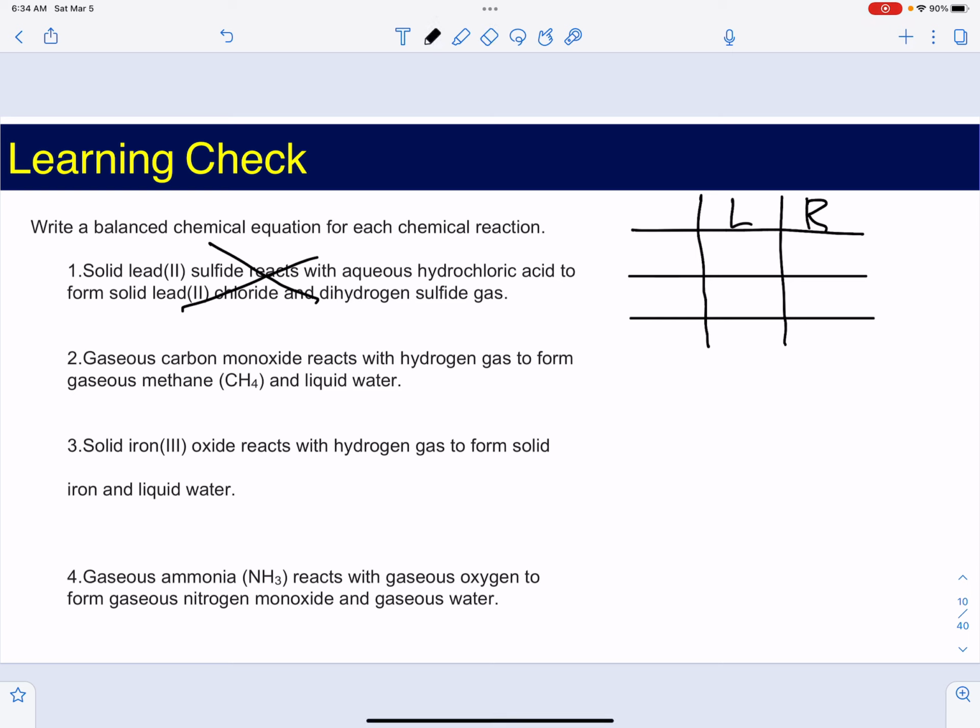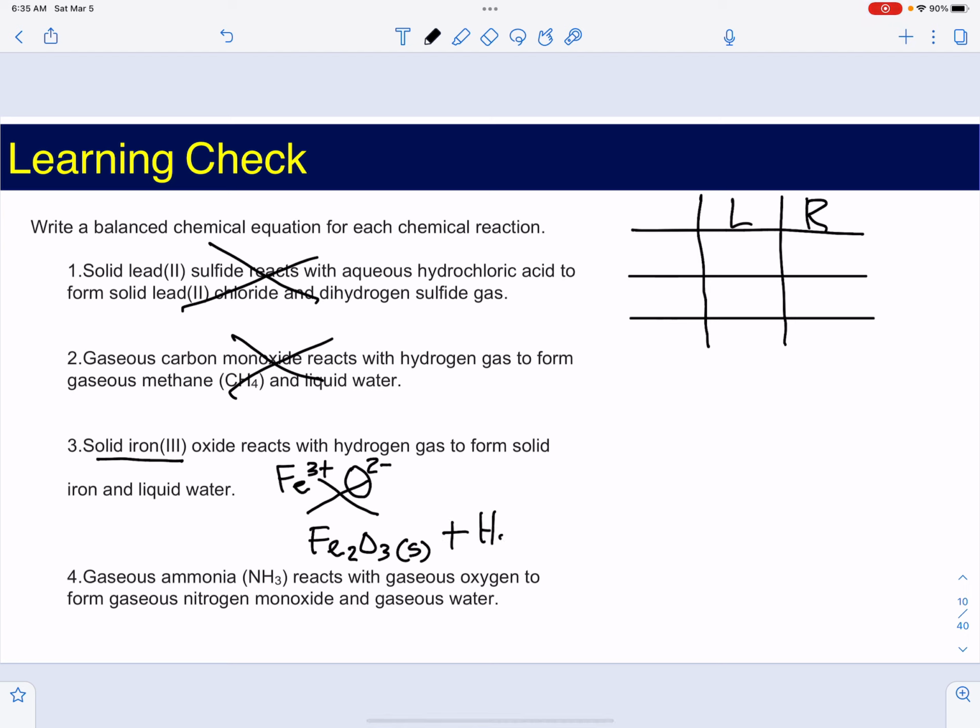So for number 3, we're going to have solid iron(III) oxide. We're going to have iron 3+ because the Roman numeral tells us so, combined with oxygen. From the periodic table, oxygen is 2-, criss-cross, Fe2O3, and it tells us that it's a solid. It's reacting with hydrogen gas. We know hydrogen is diatomic.